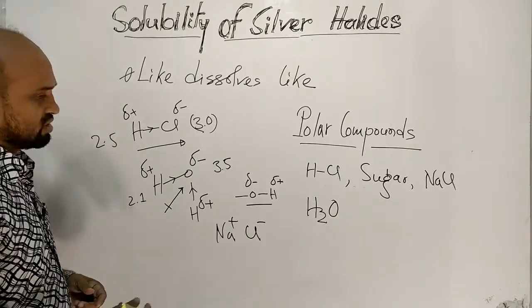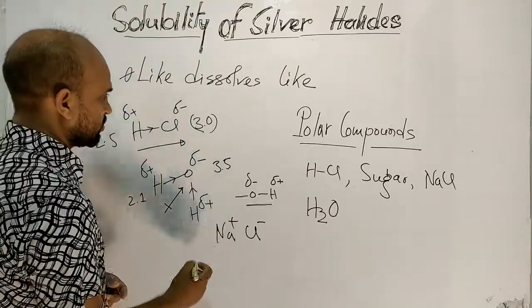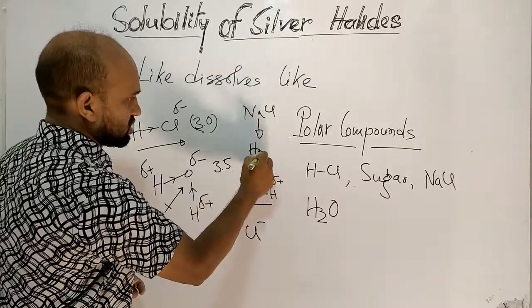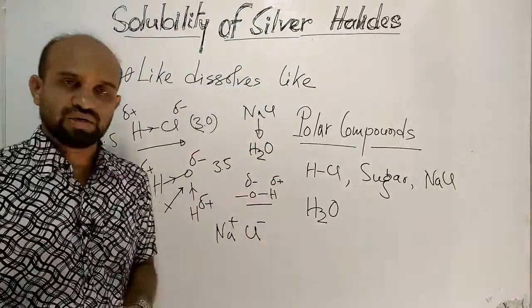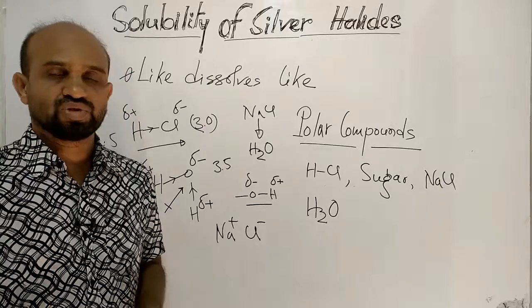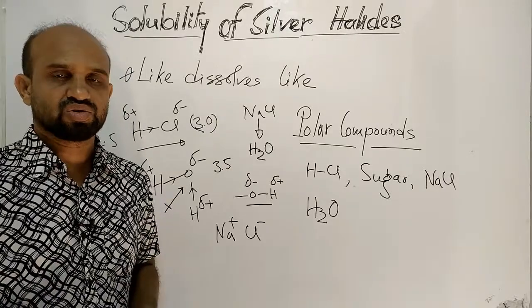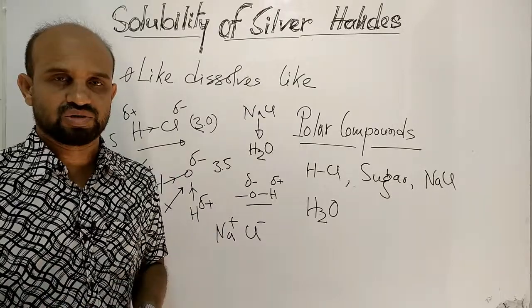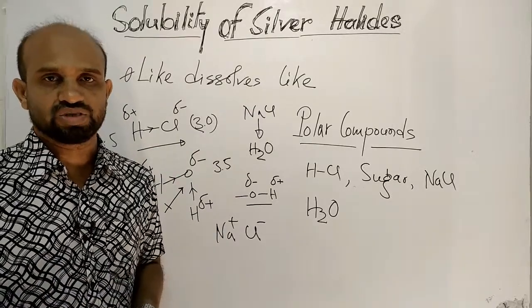Now when any of the compounds, suppose sodium chloride, is dissolved in water, then water dissolves sodium chloride in it. This is called like dissolves like. That means polar solute dissolves in polar solvent.